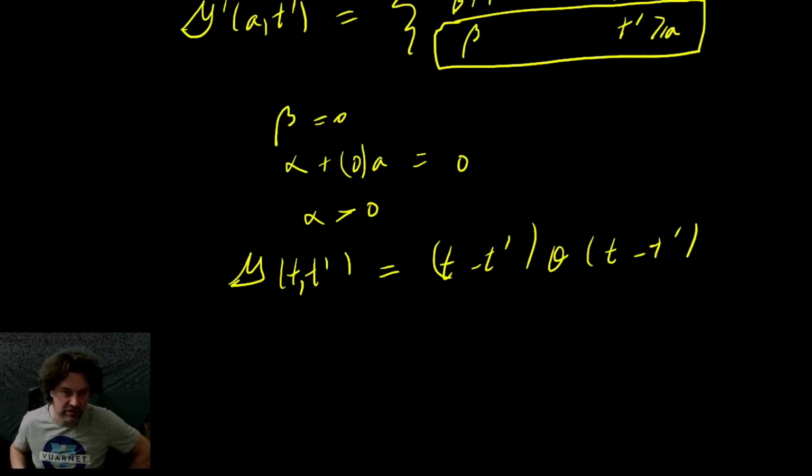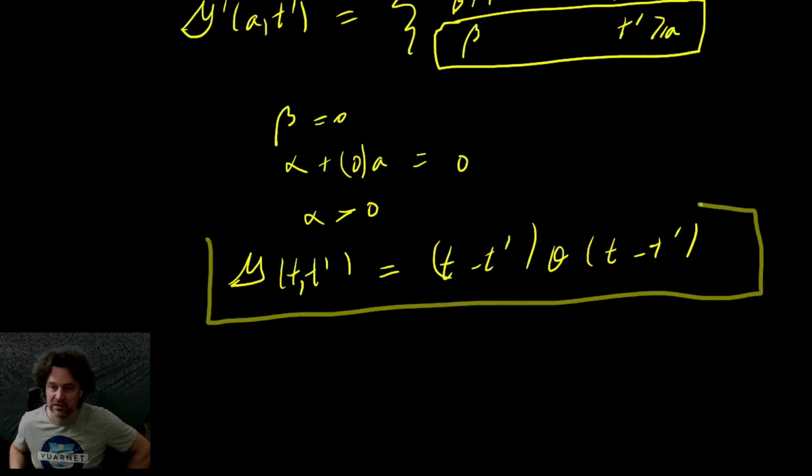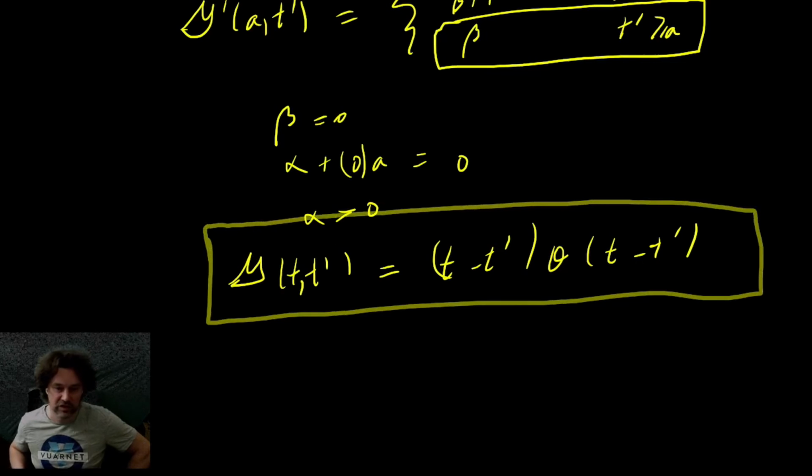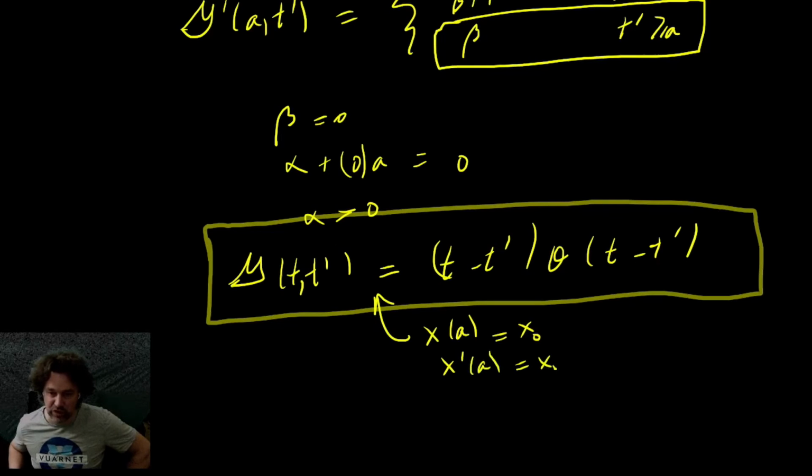There we go. That is our Green's function corrected for the boundary value conditions of x of a equals x naught and x prime evaluated at a equals x naught bar. Fixed point boundary value conditions, we've found the form of the Green's function.